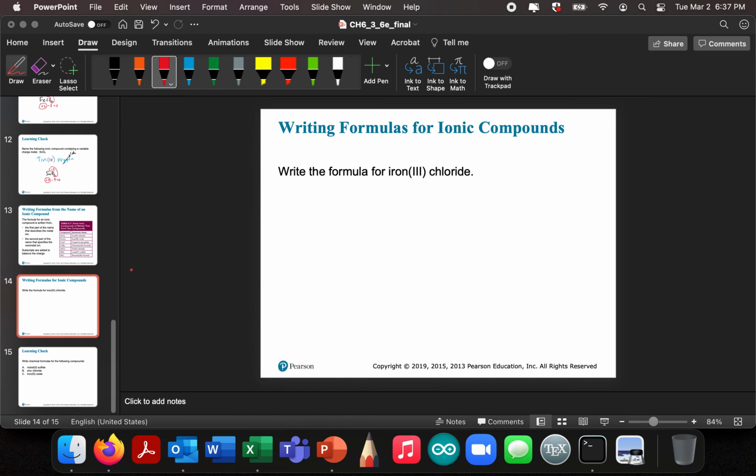Let's do an example. Iron 3 chloride, so it must be iron 3 plus and chloride. So how do these guys match up? Well, we've already matched these up before in a previous exercise. 3 plus must be 3 of these. So it's going to be FeCl3.